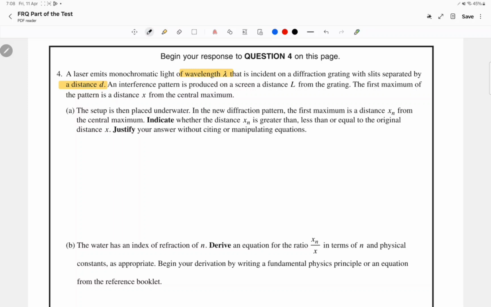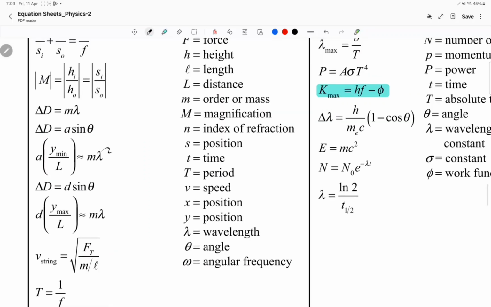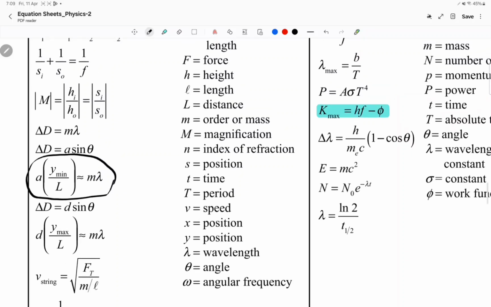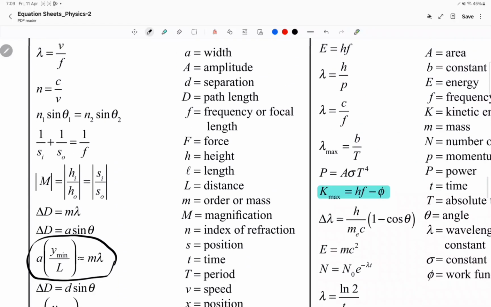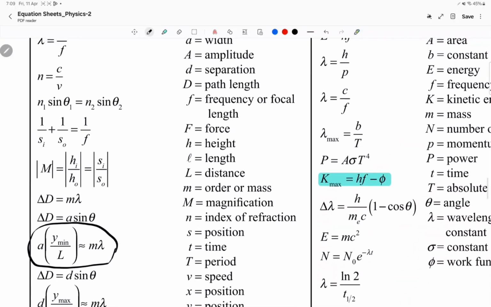Now, first of all, we have to know what equation to use here. So basically, there's an equation in your equation sheet. Let's look at it.